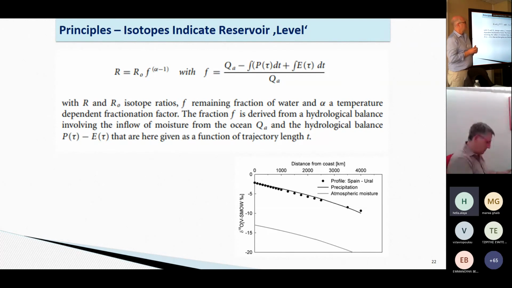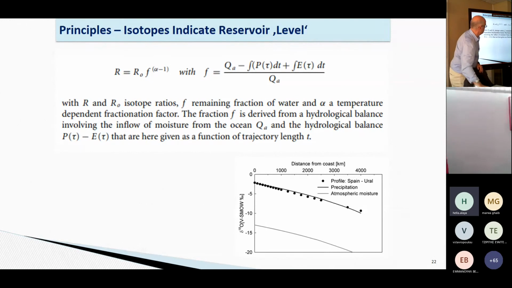This is the evaporation that happens between Spain and Russia. And if we divide this again by the total flux, it gives us the fraction of vapor that came into the continent that is left, that was not actually created as rainfall. And by doing this, we can actually even solve hydrological water balances.